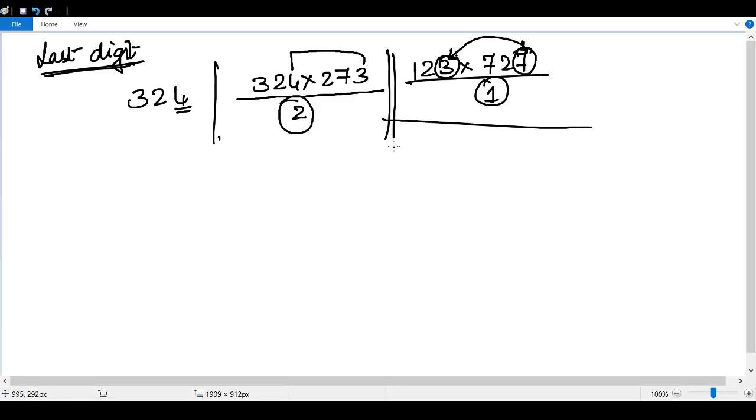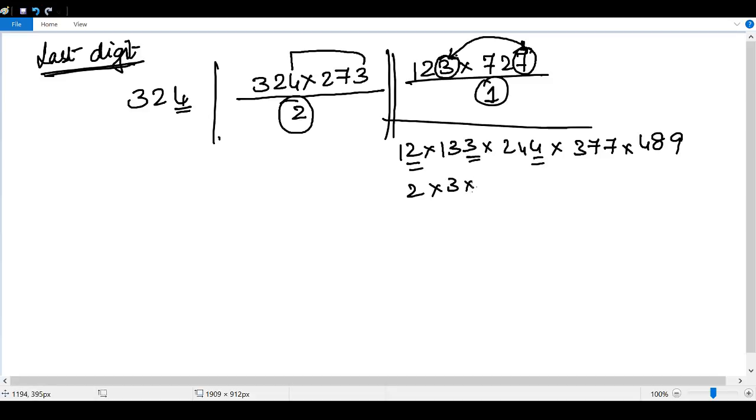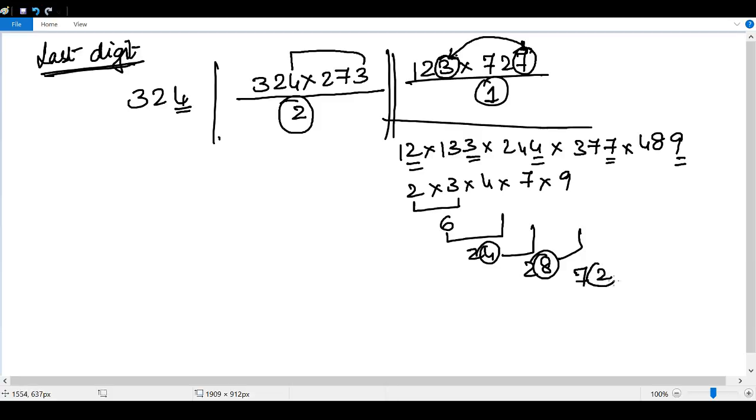Similarly, if someone gives me 12 into 133 into 244 into 377 into 489, all I know is that the 2 here, the 3 here, the 4 here, the 7 here, and the 9 here matter to me, which means 2 3s are 6, 6 4s are 24, so the 4 matters, 4 7s are 28, so the 8 matters, 8 9s are 72, so the 2 matters.